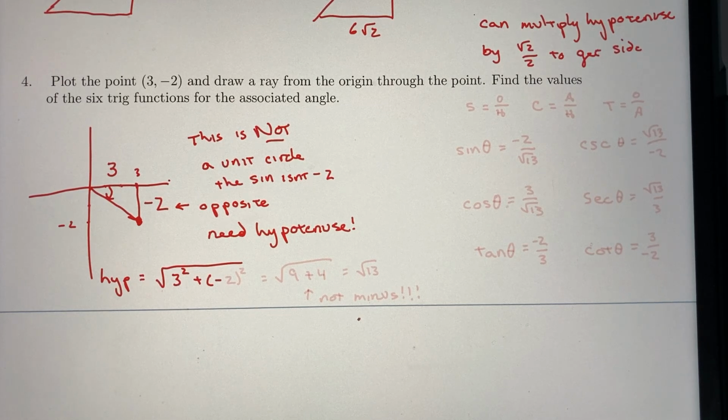Don't forget to put negative numbers in parentheses. It's 9 plus 4, square root of 13 is bigger than 3. That's good. So let's see, reminder, and you should keep writing this until you've internalized it.